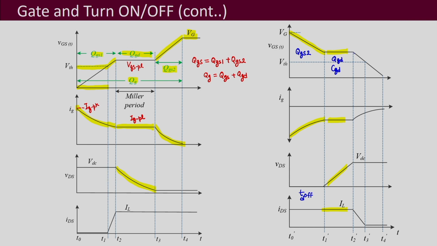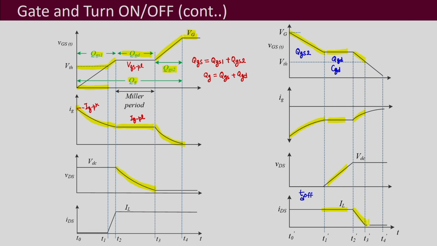Then further what happens is that it comes down to the threshold voltage level once the Miller period is over, and during this time the gate current reduces, and at that time this inductor, this drain to source current, comes down to close to 0 or the leakage current.